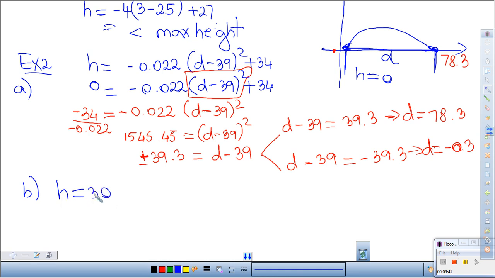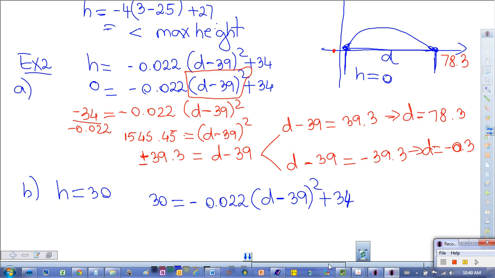Well, I'm going to set the height to 30, and I have 30 equals negative 0.022 times d minus 39 squared plus 34. Now you're in a position to solve for the unknown variable d out of this equation.